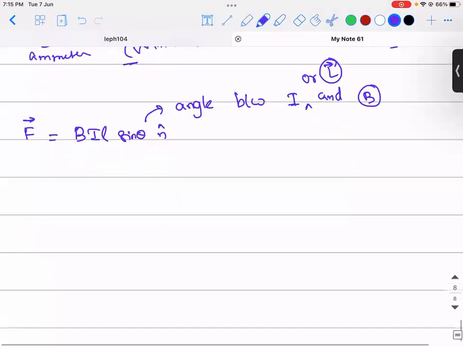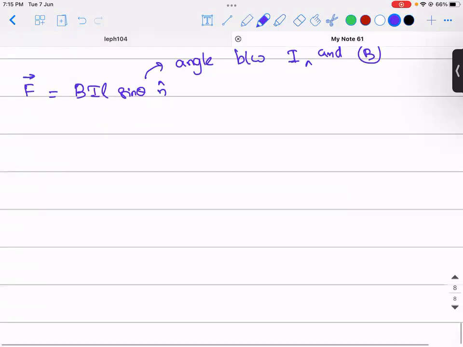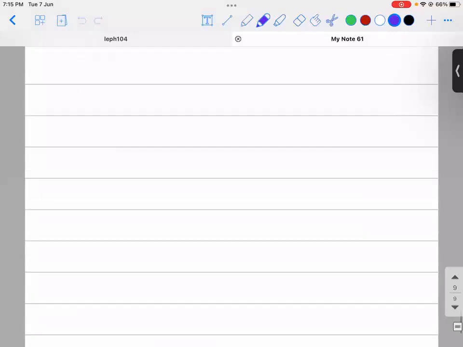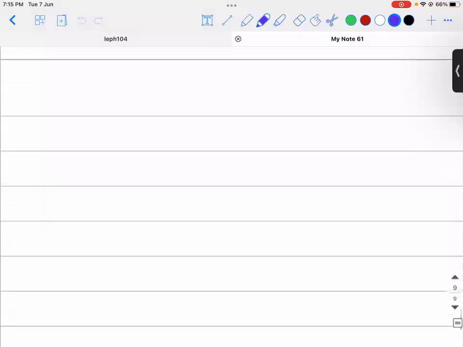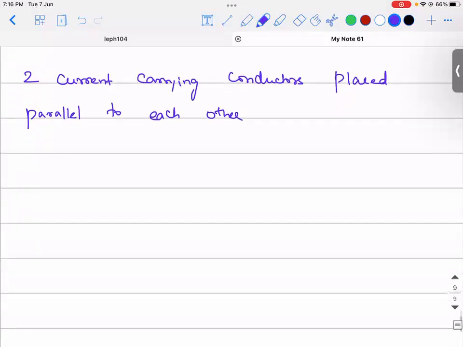Now, the next question is, what happens when you have two current carrying conductors placed parallel to each other?